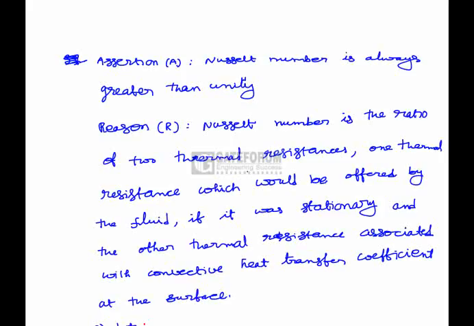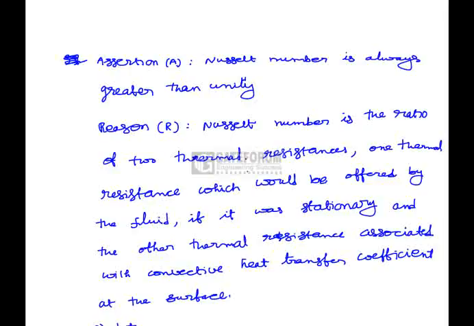Here it is a question of assertion and reason. The assertion is: Nusselt number is always greater than unity. The reason is: Nusselt number is the ratio of two thermal resistances, one which would be offered by the fluid if it was stationary, and the other associated with the convective heat transfer coefficient at the surface.